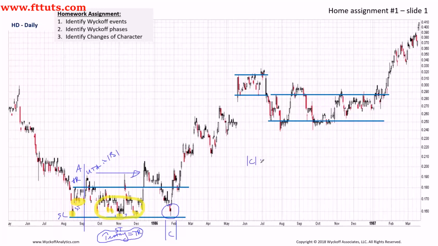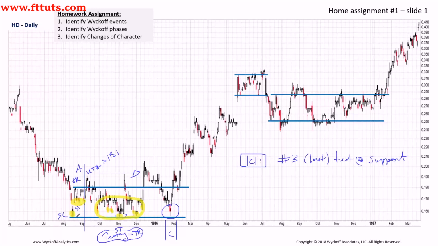So Rama is giving us a lot of thoughts on how we could identify phase C. I'm going to show you this slide, and a couple of other slides that we have to cover first, on how we could identify phase C. This is going to be one of the major shortcuts that I'm going to give you guys. So phase C is going to be associated with the number 3 or last test at the level of the support.